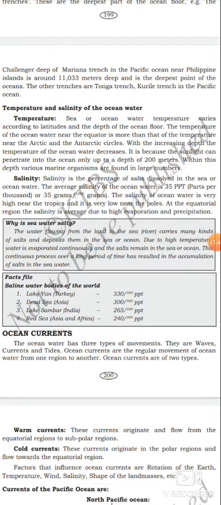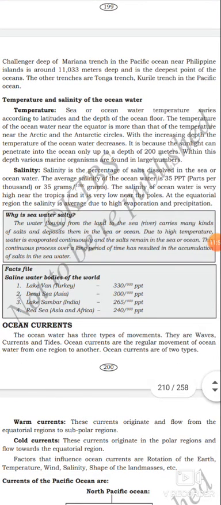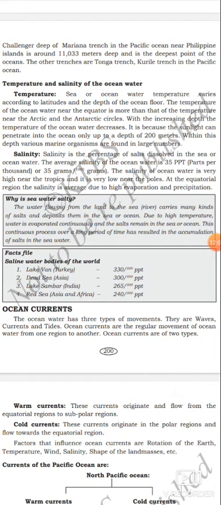With the increasing depth, the temperature of the ocean water decreases. Listen, dear students, with the increasing depth, the temperature or heat of the ocean water decreases. Okay, it is because the sunlight can penetrate into the ocean only up to a depth of 200 meters.